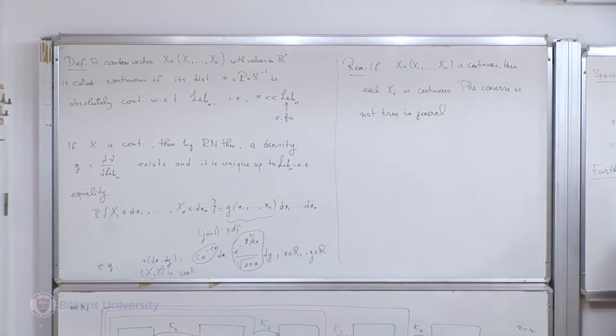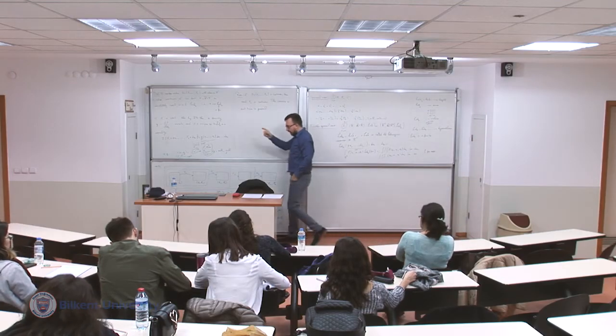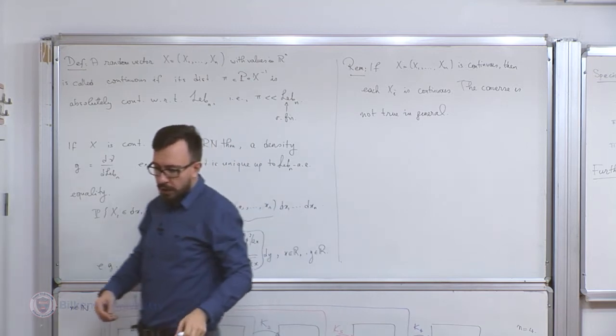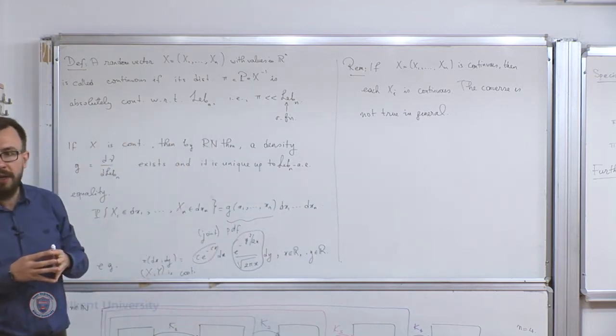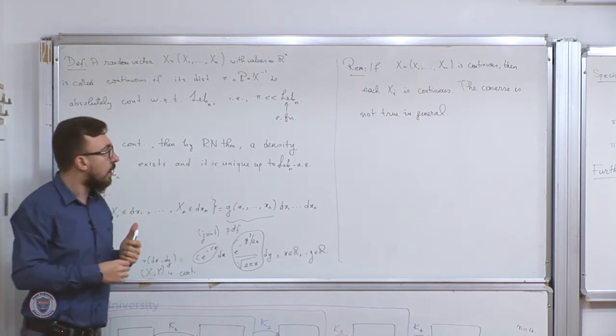I'm not going to give an example for that, but maybe I can provide an exercise later. So you can construct random variables that are individually continuous, but together they don't form a continuous random vector. Okay.